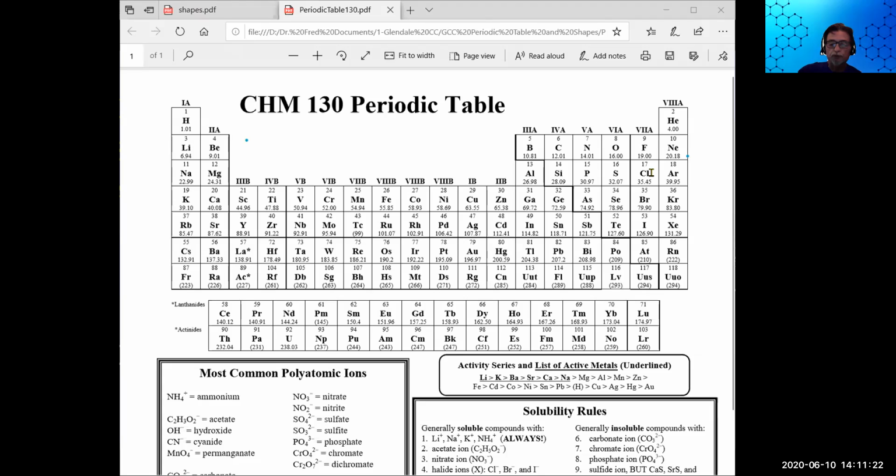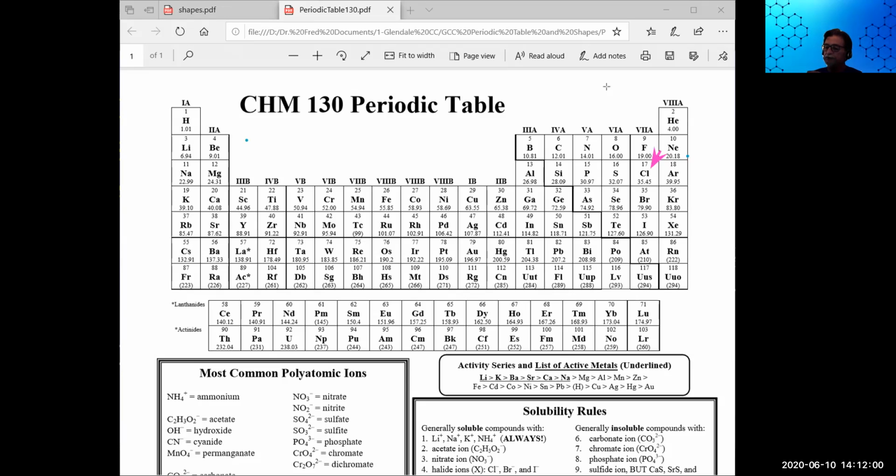Now, first question: can anybody tell me how many total electrons chlorine has? This is chlorine right here. Just based on the periodic table and where it's at, can anybody tell me that?